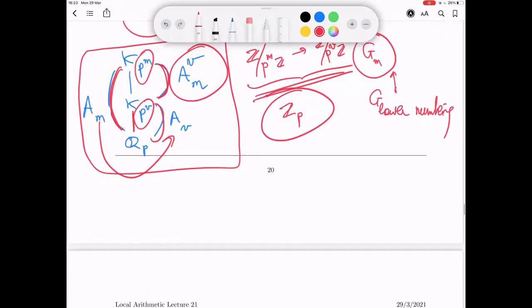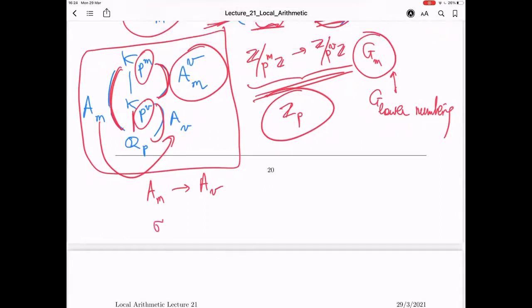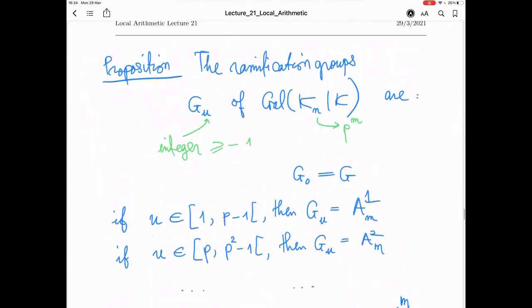Of course, there's some small checking that the map from A sub m to A sub v, in Galois theory, is just the restriction. So sigma goes to sigma restricted to K sub p to the v. So one has to check that this is the same as this map here.